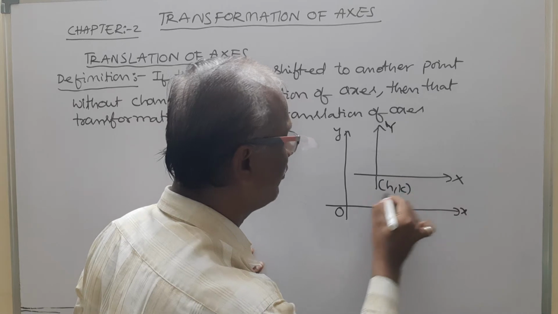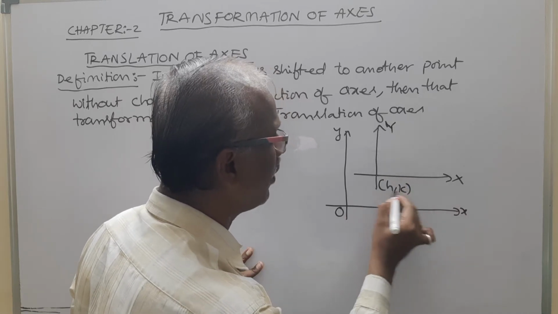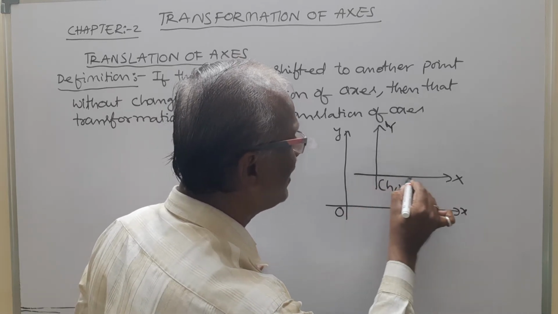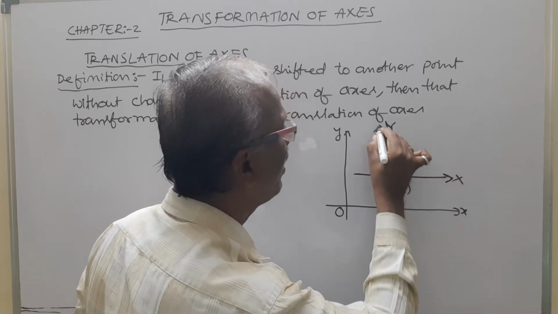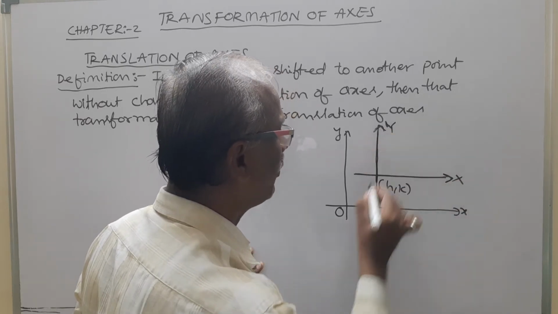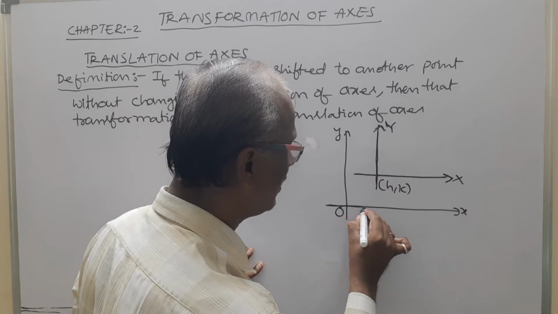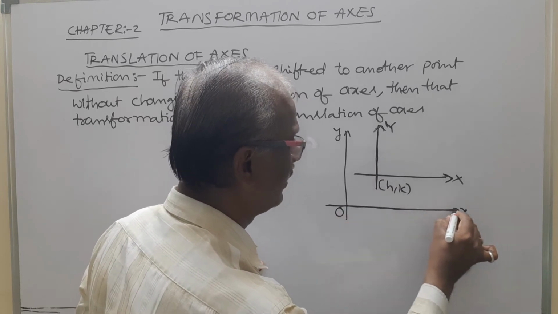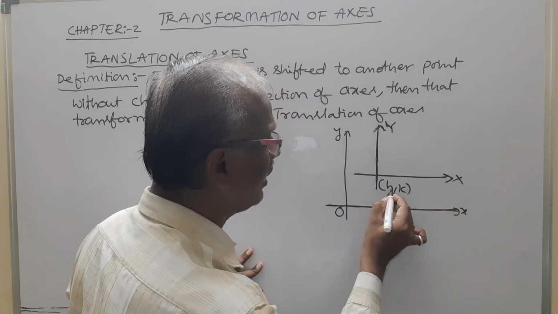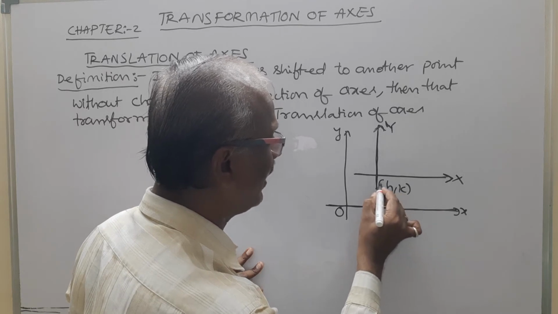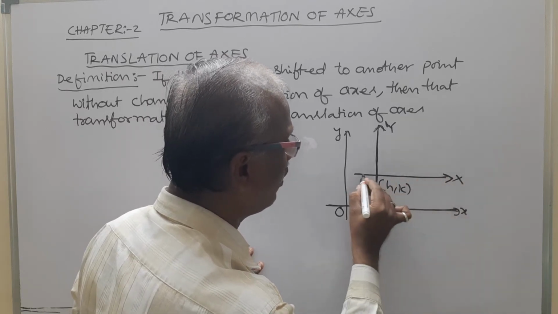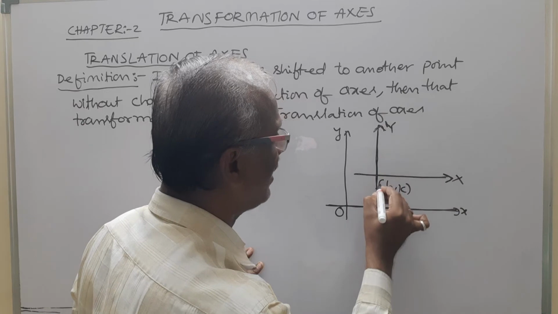The origin is shifted to another point, this is (h, k), without changing the direction of the x and y axes.